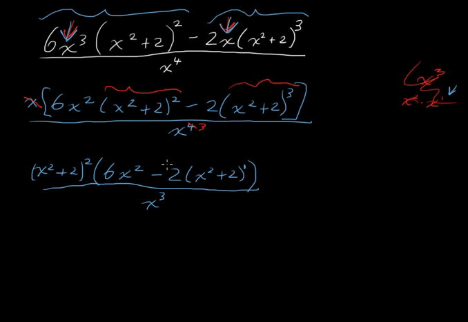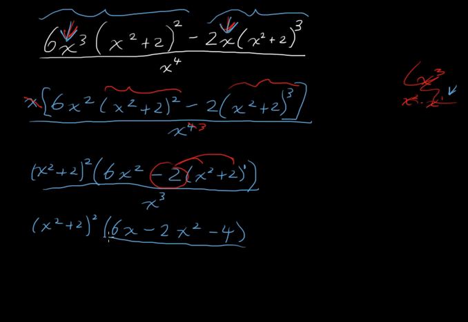Now we can distribute this negative 2, so we'll do that. Distribute the negative 2, and what we have left there is x squared plus 2 quantity squared times 6x minus 2x squared minus 4, because negative 2 times 2 is negative 4. All of that is over x to the third.